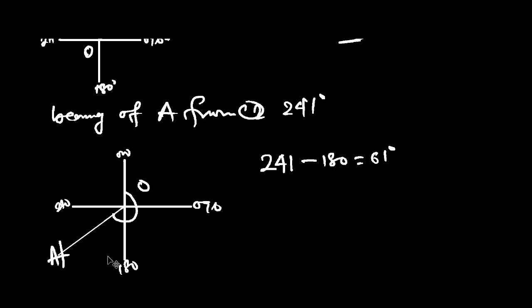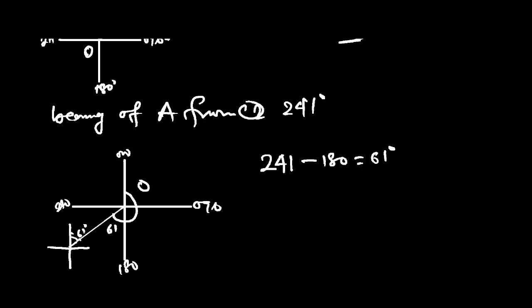Sorry, this is point A now. Let me just chop this off a bit. So you're having this now. So 61, right? This angle here is 61. It has to be alternate to this one here, 61. If I read from north, are you seeing it now?